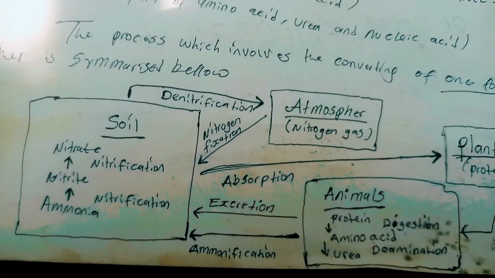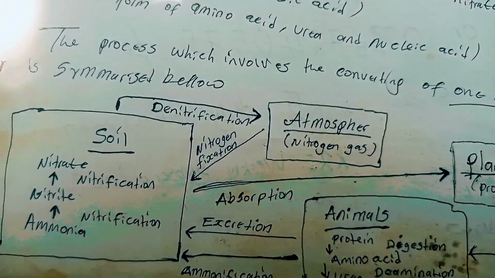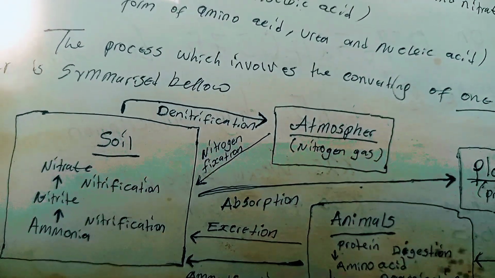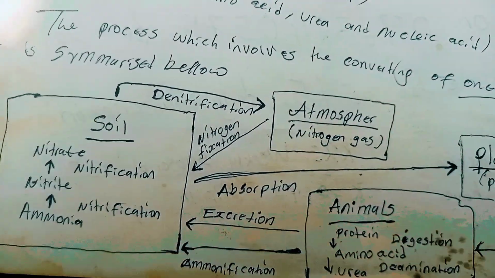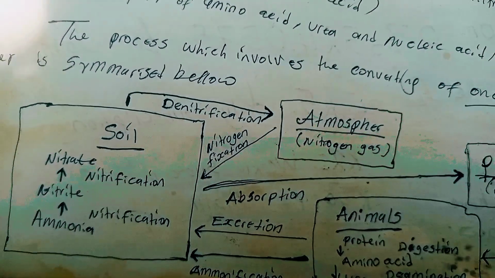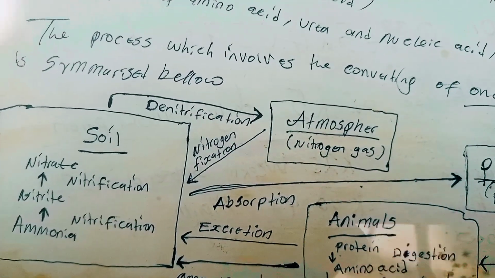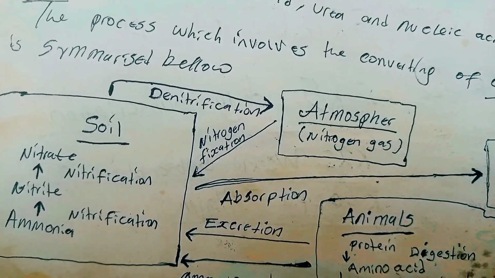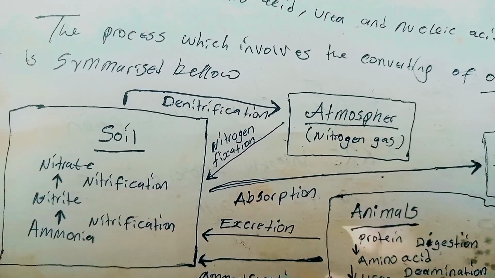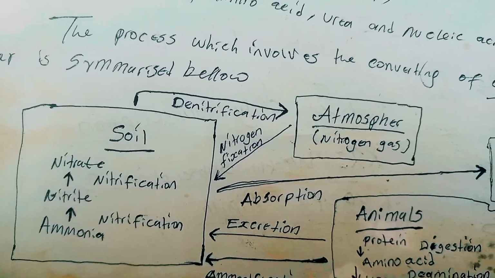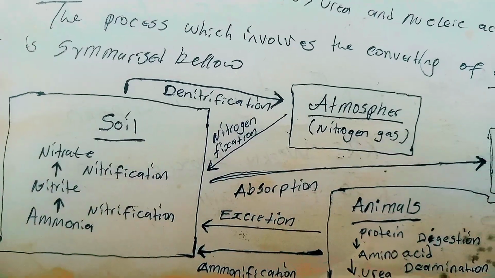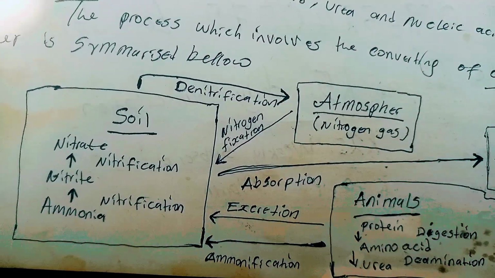This is the process by which nitrogen is converted from the atmosphere into an absorbable nitrogen compound. So from the atmosphere to the soil, this is how it moves. I have explained nitrogen fixation with the help of bacteria.